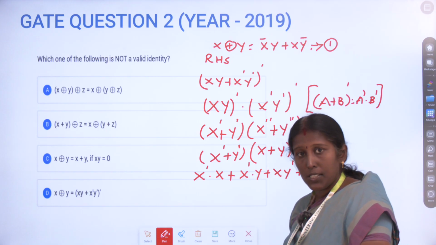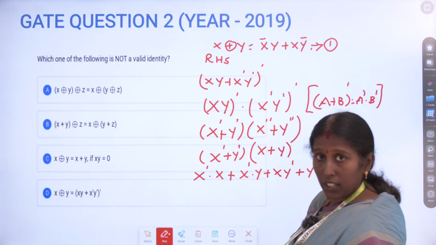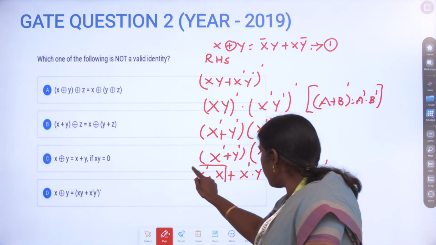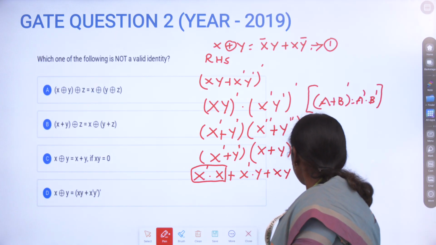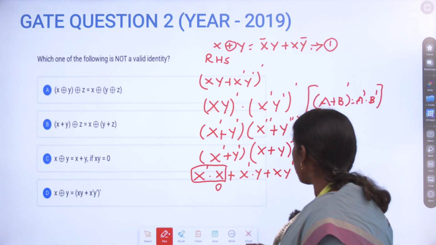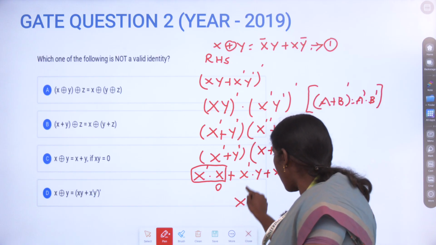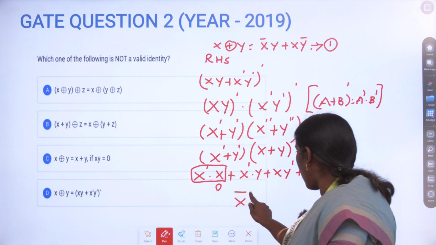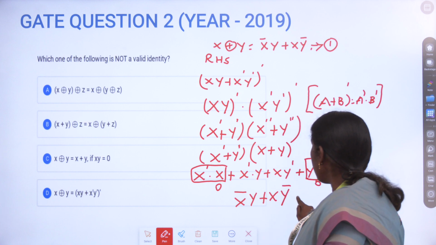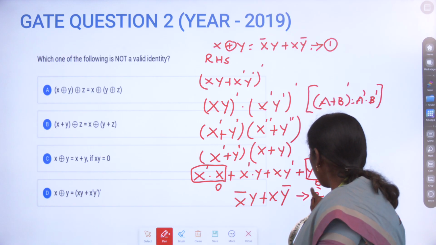So from the laws we are very clear that a dot a dash is equal to 0. So this term and this term will be equal to 0. Now what is the final term we are getting? x bar y plus x y bar. So let me take this as equation number 2.